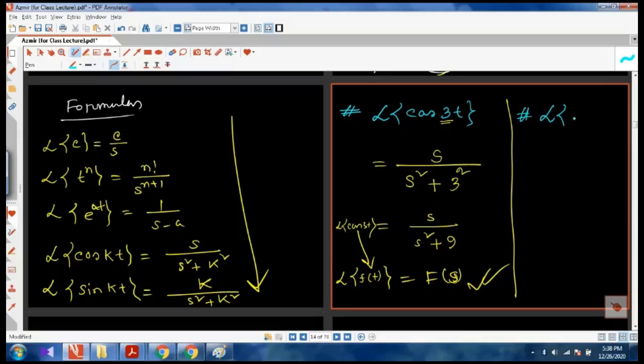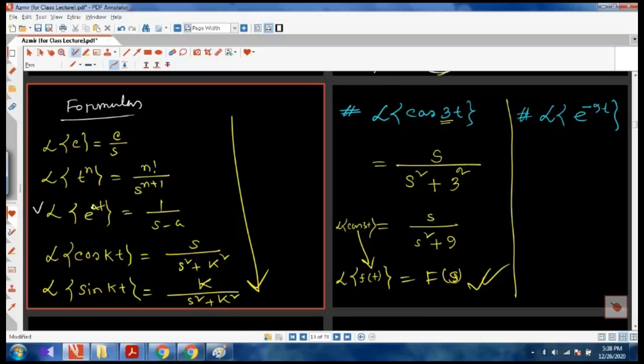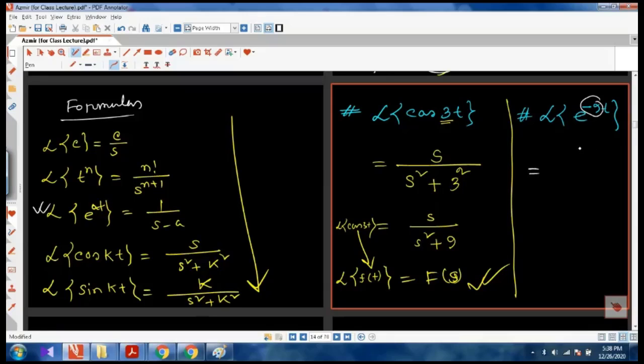Suppose we have the Laplace transform of e to the power negative 9t. So what will be the result? E to the power at. This formula will be applied. So try to note down the value of a. Here a is negative 9.